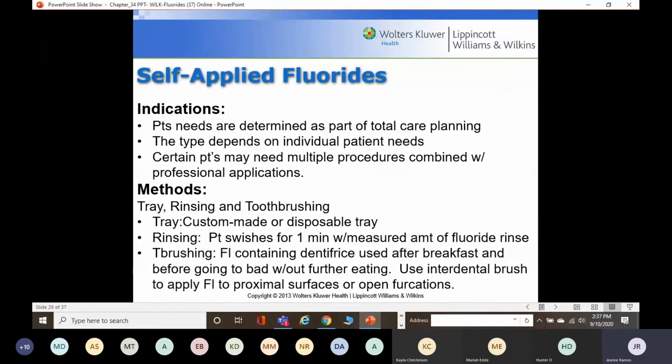A tray would be custom made or disposable, probably disposable. For a rinse, the patient swishes for 1 whole minute with a measured amount of fluoride rinse, swishing in between the teeth. For toothbrushing, the fluoride-containing dentifrice is used after breakfast and before going to bed without further eating. Use an interdental brush to apply the fluoride to proximal surfaces or open furcations.